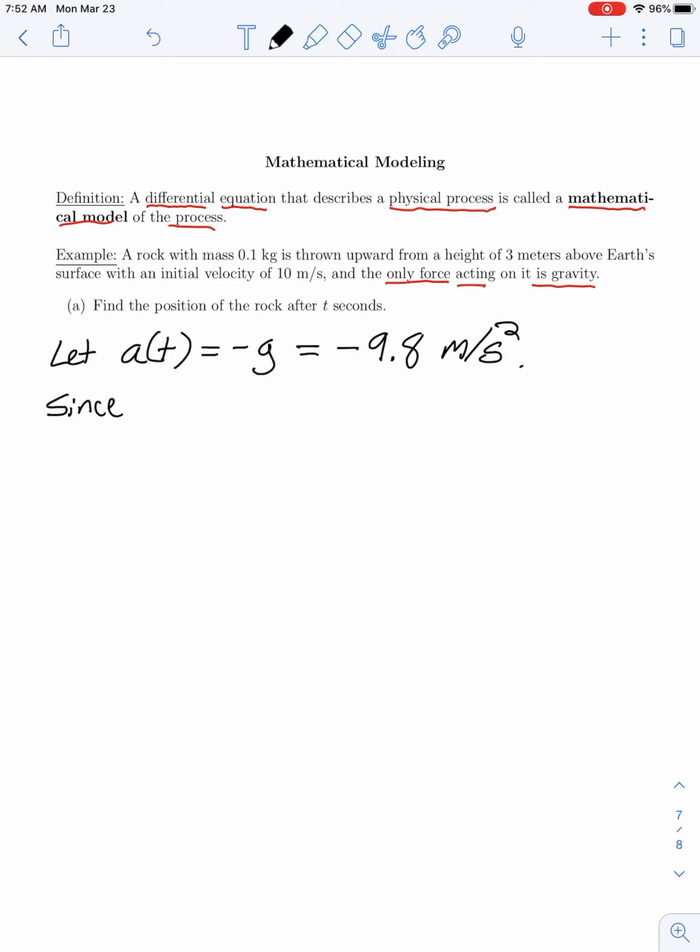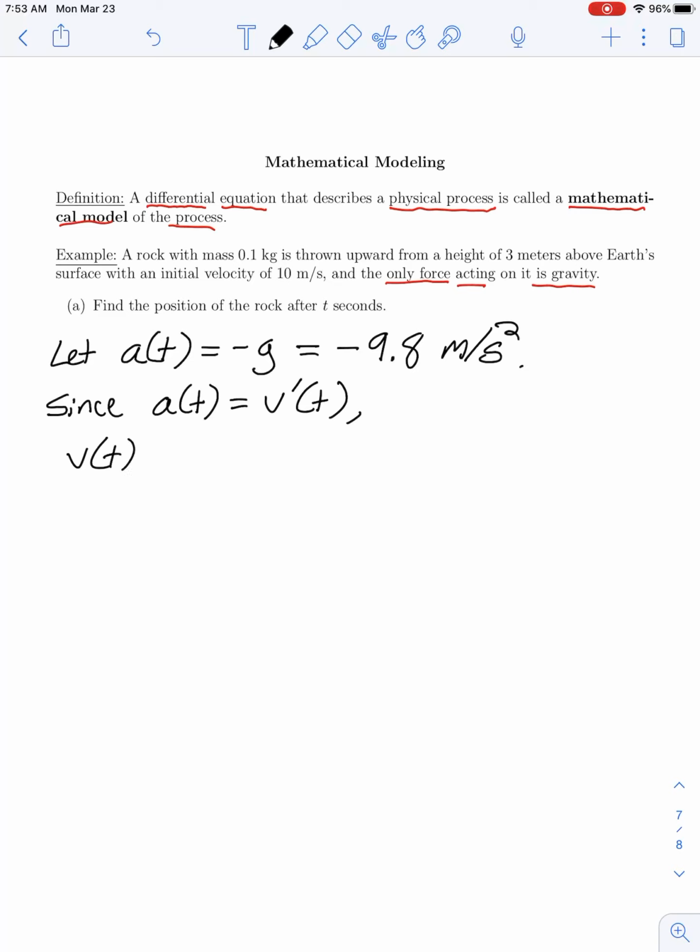So our first step, since we know acceleration a of t would be the derivative of velocity. So velocity, if we call it v of t, this acceleration would be v prime.